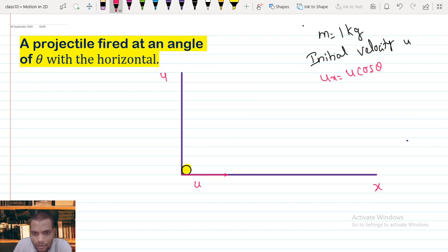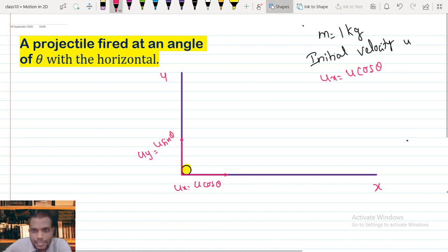The vertical component is u sin theta, along the y-axis, so u suffix y equals u sin theta. And this is the resultant velocity u.